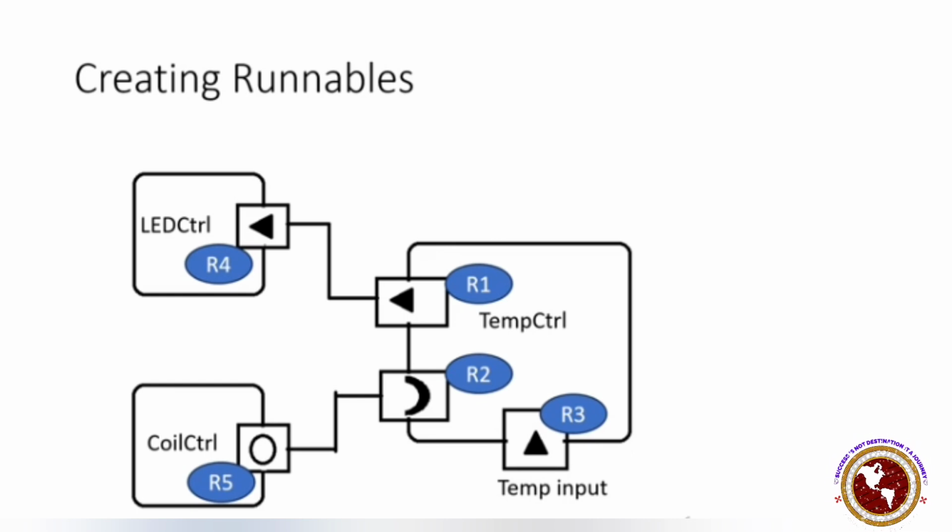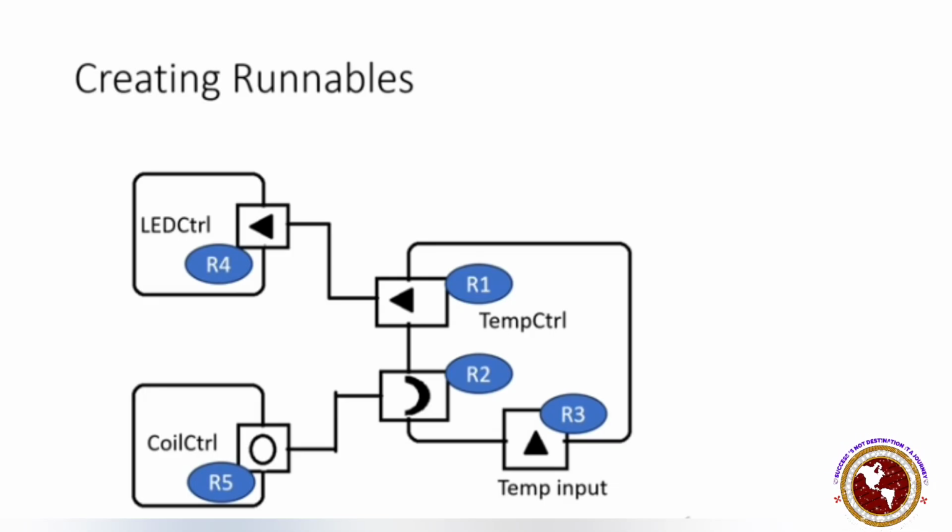Put together, all the software components become your application, and inside these software components we have runnables. So runnables are nothing but functions in AUTOSAR. It's very clear. Runnables are nothing but functions in AUTOSAR.